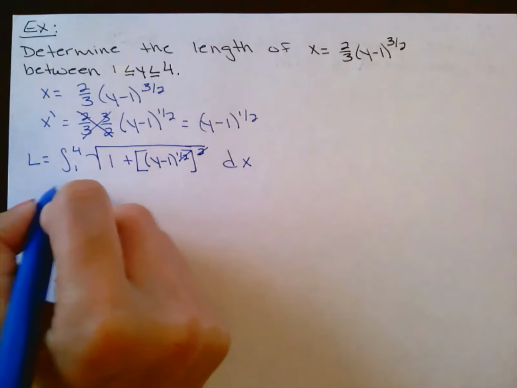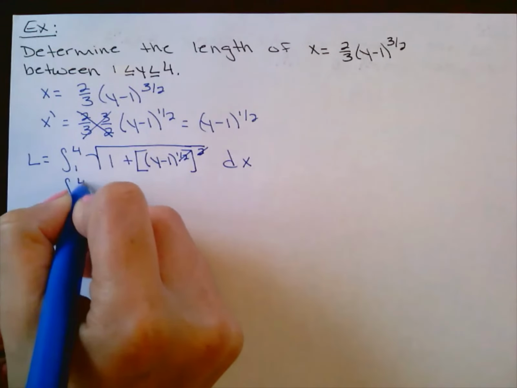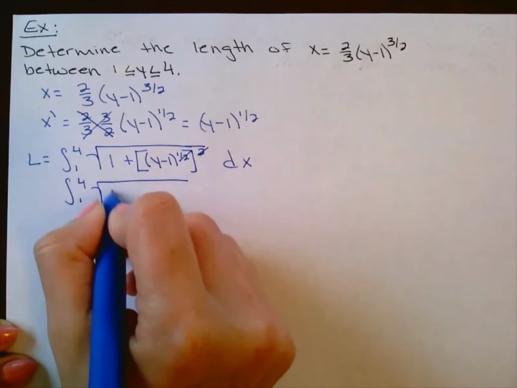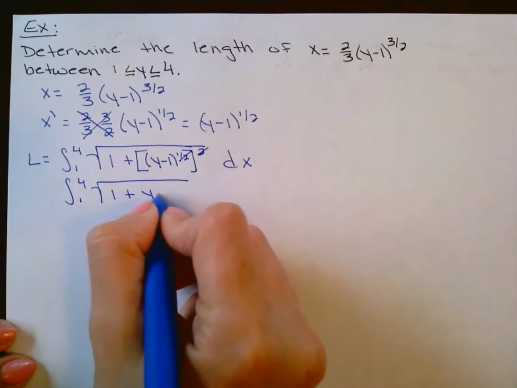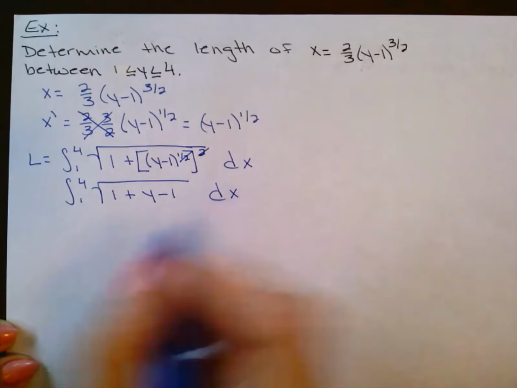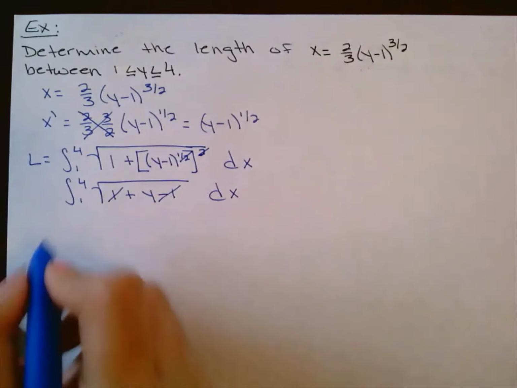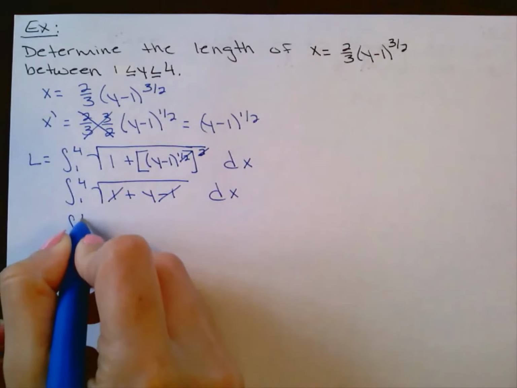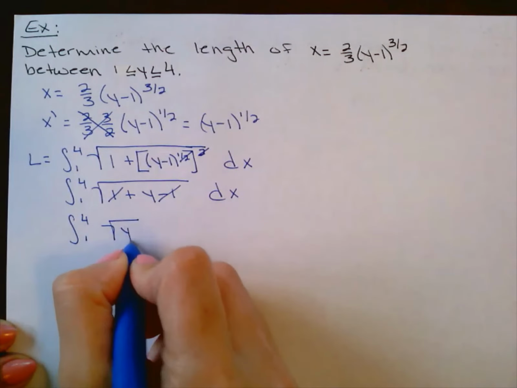So what I'm really working with is 1 plus y minus 1, which is even better, the positive 1 and the negative 1 are going to cancel out. And I'm really just working with the square root of y.